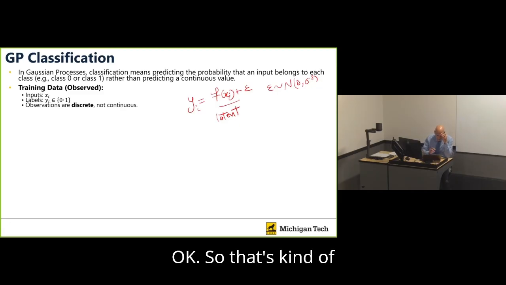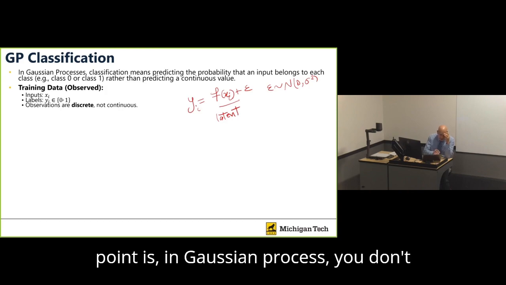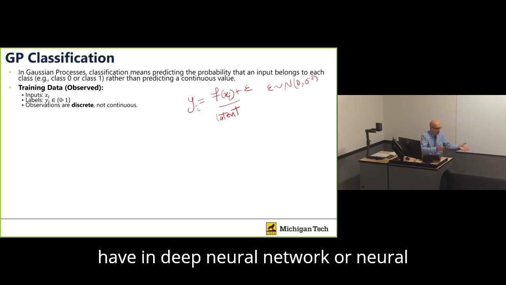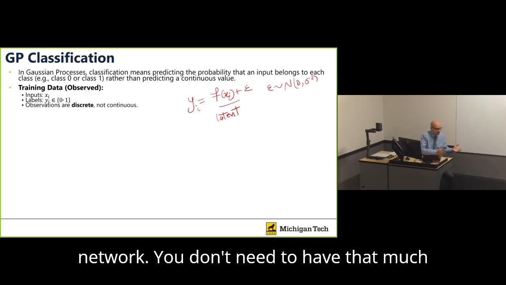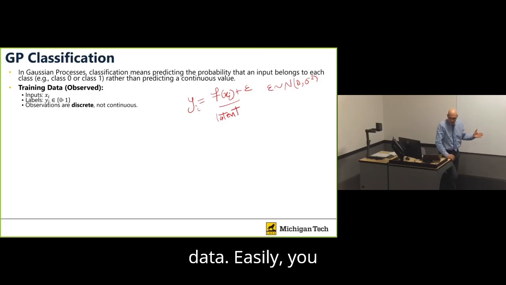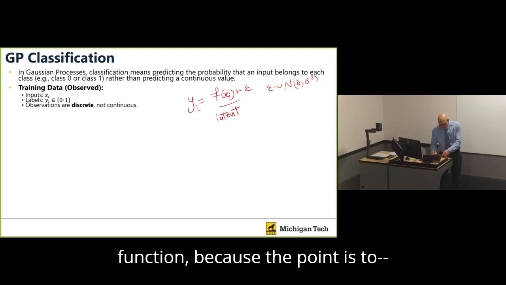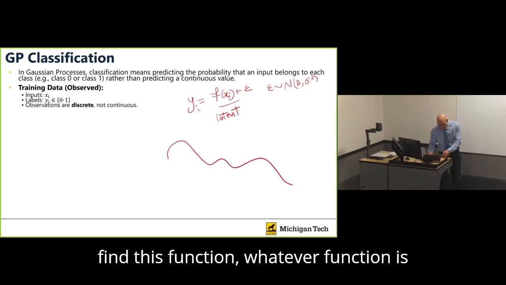Okay, so that's kind of supervising. We consider Gaussian process also kind of supervising. But the point is, in Gaussian process you don't need to have lots of data like what you have in a deep neural network. Easily you can fill the gaps of that function, because the point is to find this function.